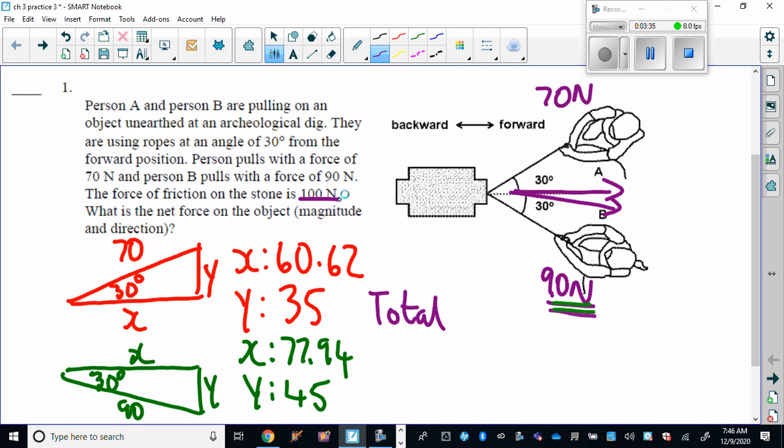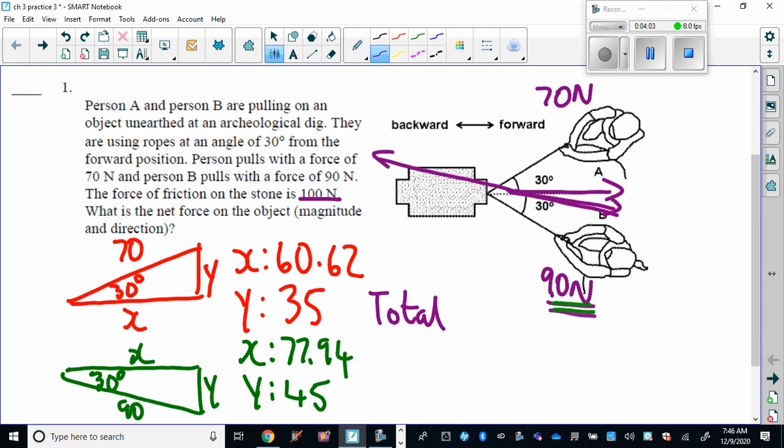It is both. If you're pulling in this direction, then the force of friction is opposite, going this way. So the force of friction has an X and a Y component. We can leave the force of friction until the right end. First, we're going to find the total force of A and B, and then we're going to take into account the force of friction.